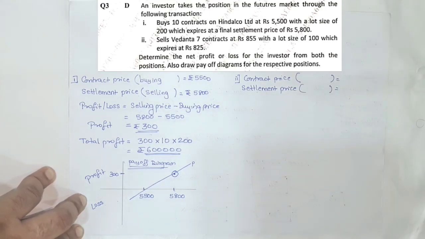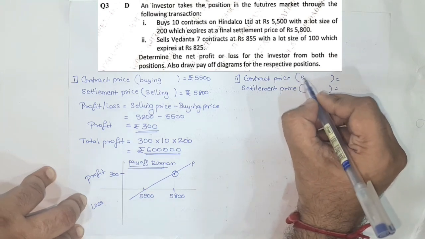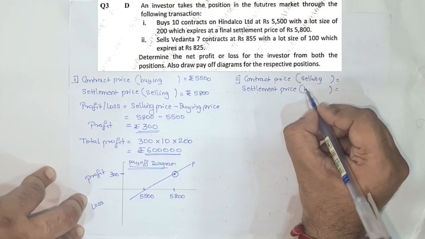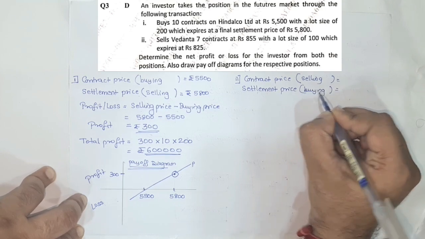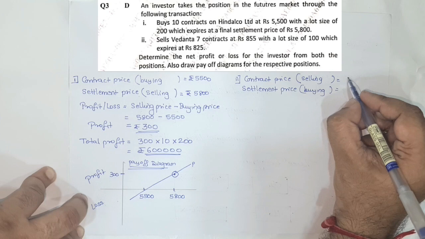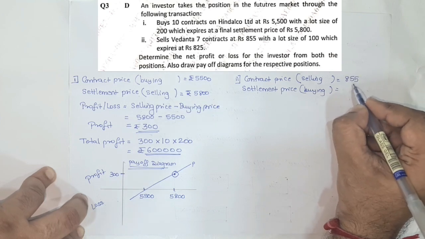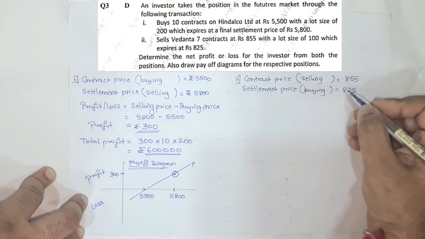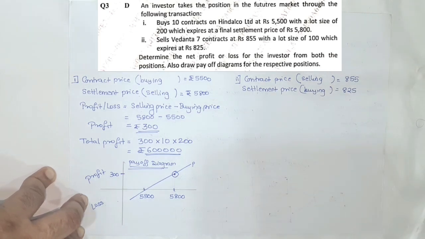In the second part, the investor sells. So my contract is of selling. If I'm selling at the start, at the expiry or settlement I'll have to buy. The investor sold it for 855, and at the expiry it was 825. Again we need to find whether we have got a profit or a loss.